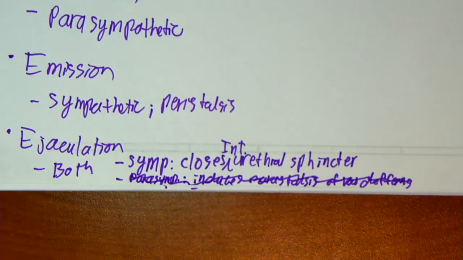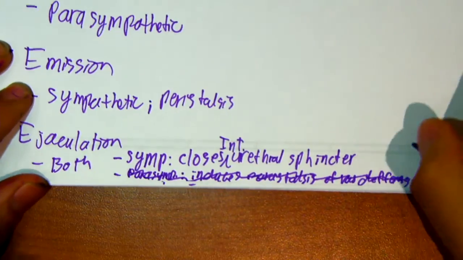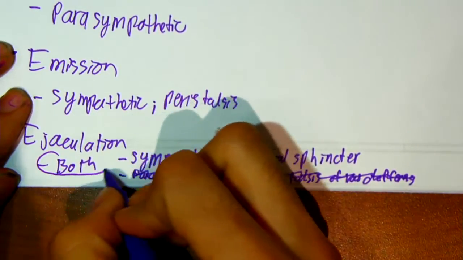All right, any other pictures in this exam, or sorry, in this chapter that you guys think are relevant? Yeah? No, ejaculation is both. It is still both sympathetic and parasympathetic.